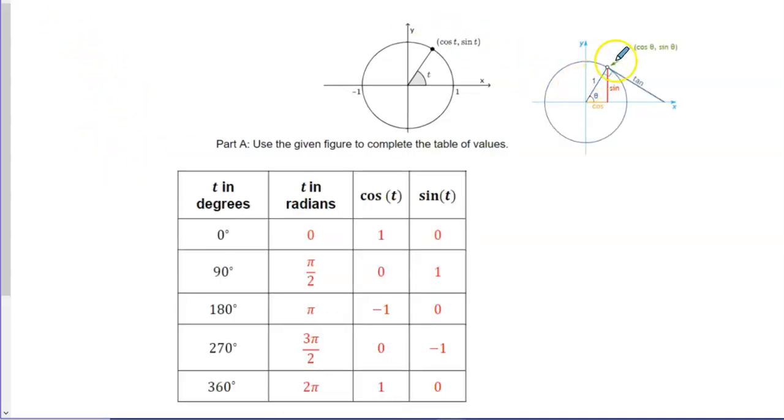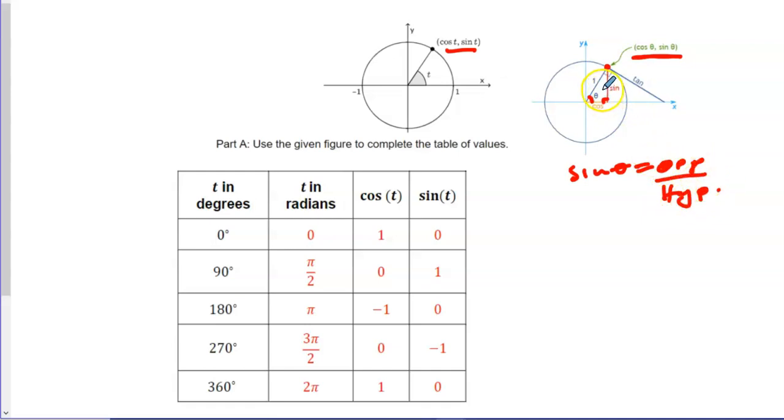Now, looking at the question, if we have this angle, then the value is cos t, sin t. Let's draw a right triangle with a radius 1. Then sin theta is equal to the opposite divided by the hypotenuse.